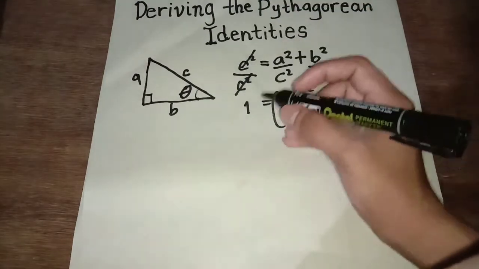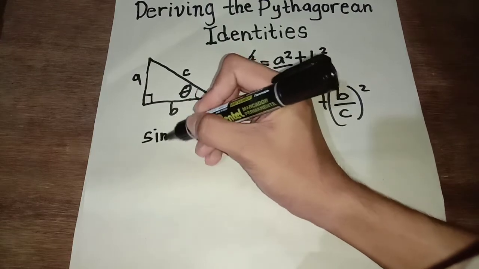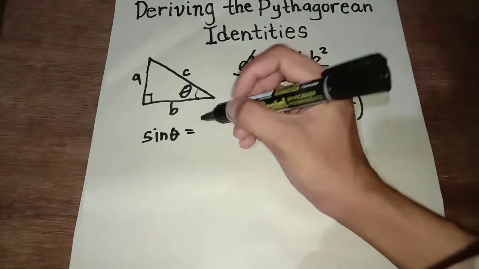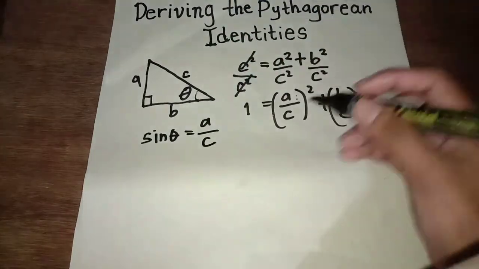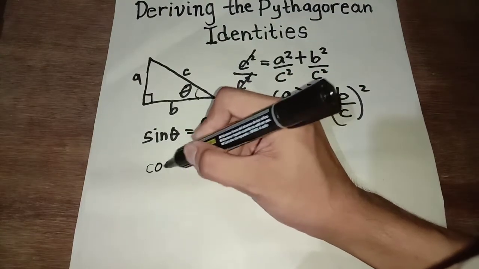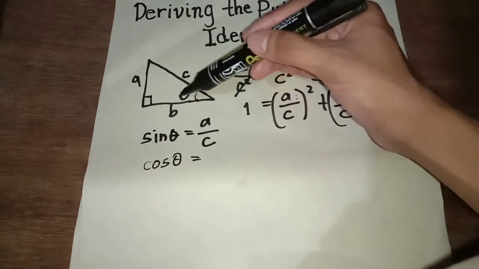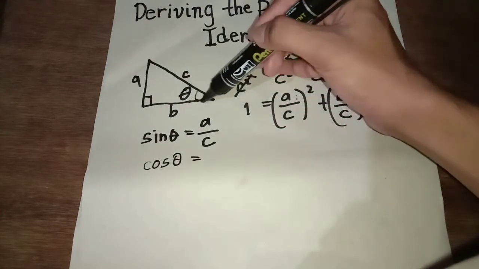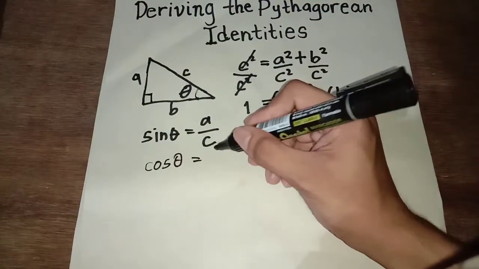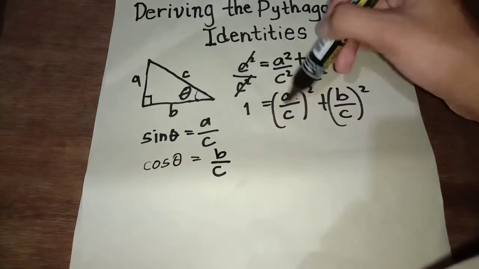So from the given 6 trigonometric functions, we have the sine theta is equal to the opposite side over the hypotenuse, which is a over c. And we have also the cosine theta as the adjacent side over hypotenuse. So adjacent side over hypotenuse, that is b over c. So we're gonna substitute this one to this.